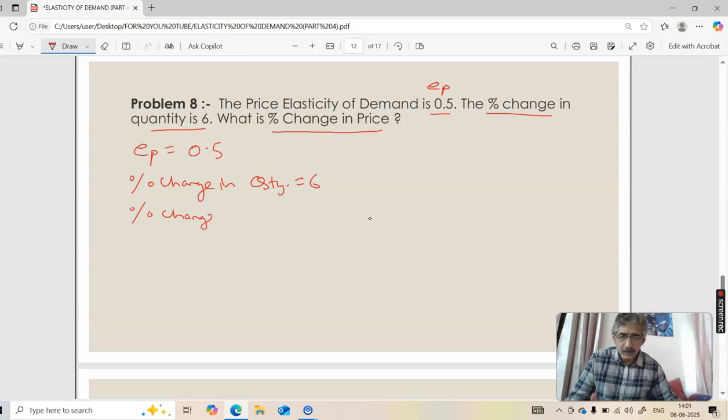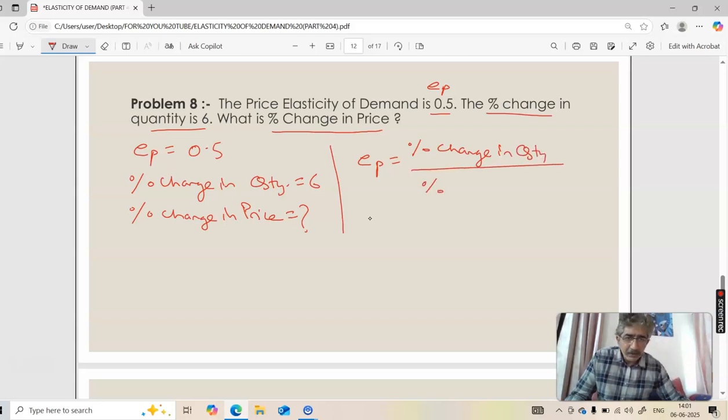We'll apply the first formula, that is EP, price elasticity of demand, is equal to percentage change in quantity upon percentage change in price. Now we'll put the values. EP is 0.5, equals percentage change in quantity, which is 6, upon percentage change in price, which we need to calculate.